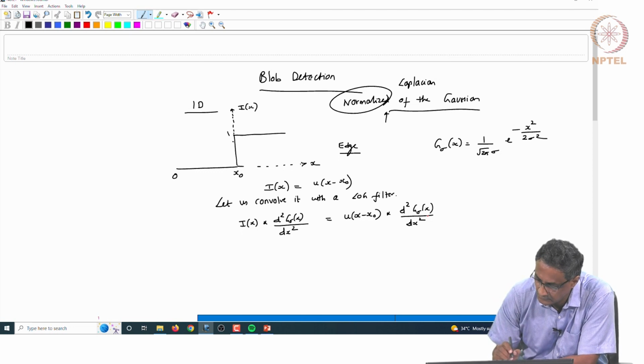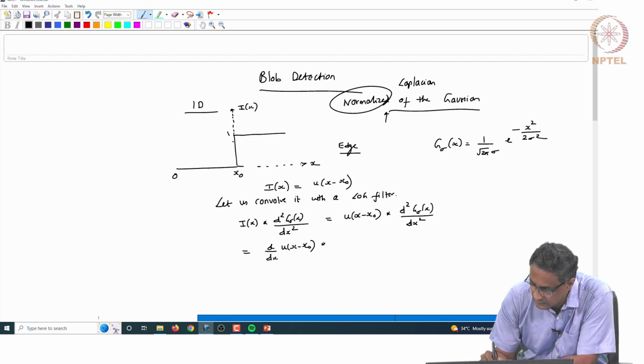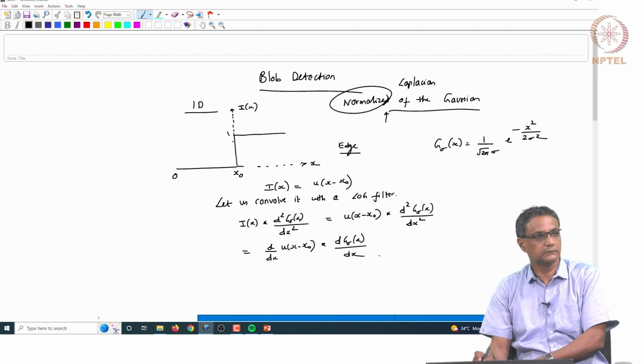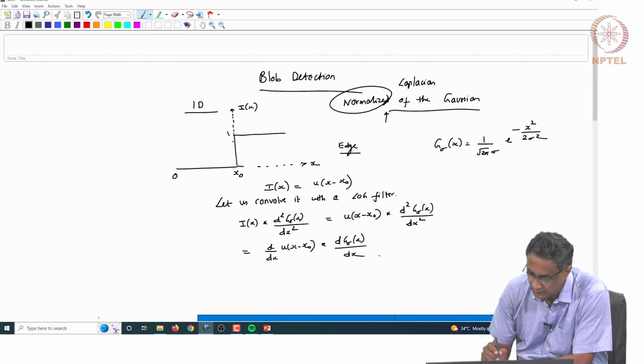Then you can play the trick that this is the same as d by dx of U of x minus x naught convolved with d g sigma of x by dx. Okay, right.